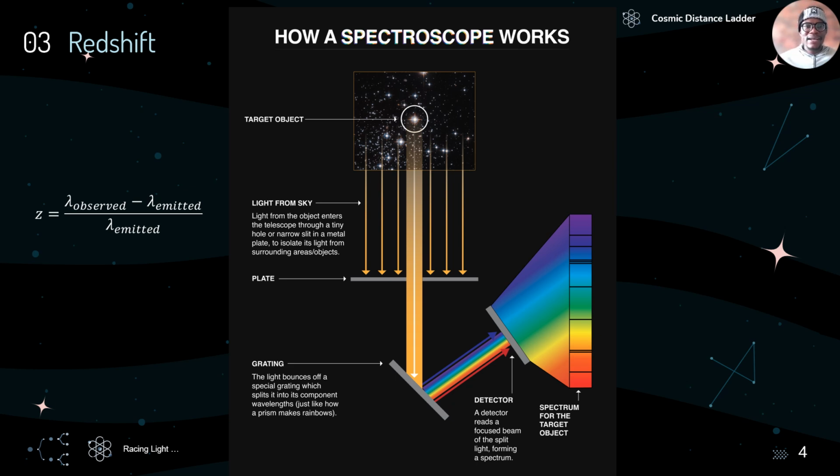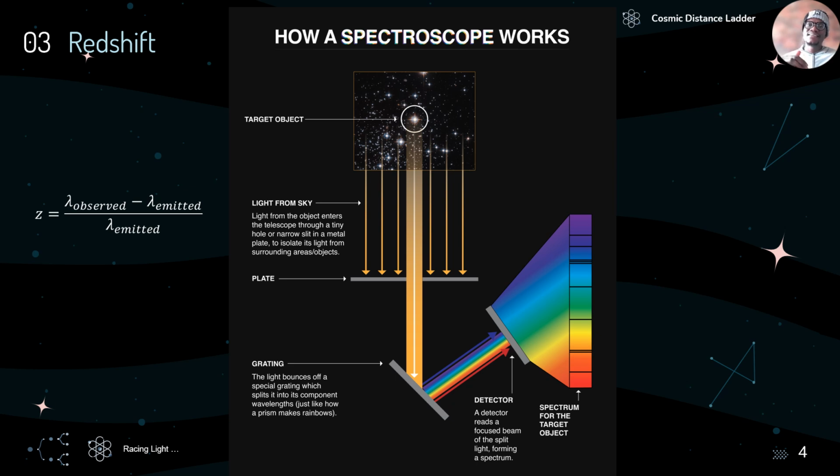So how do we determine redshift, z? The relative difference between the observed and emitted wavelength is obtained using a method of spectroscopy. Light from a target source is observed by a telescope, and the light that gets into the telescope bounces off a grating, just as a prism would do.